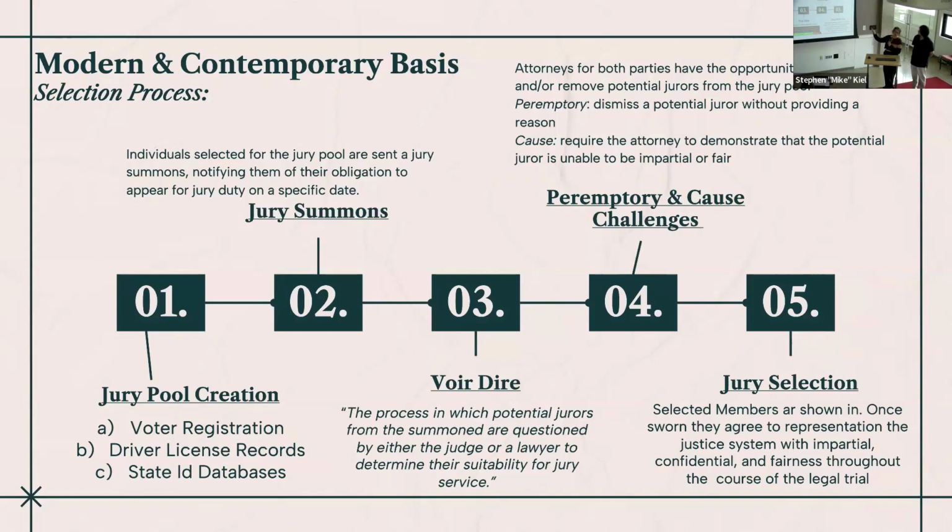This is a very contentious point in the process, where attorneys can use powers to dismiss a potential juror, or argue that they don't want the juror for some reason, such as bias. They may not think that the juror would side with their client.